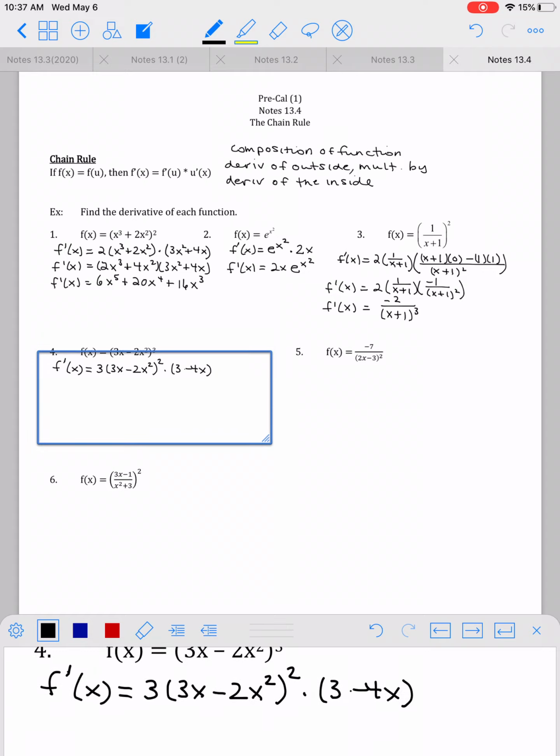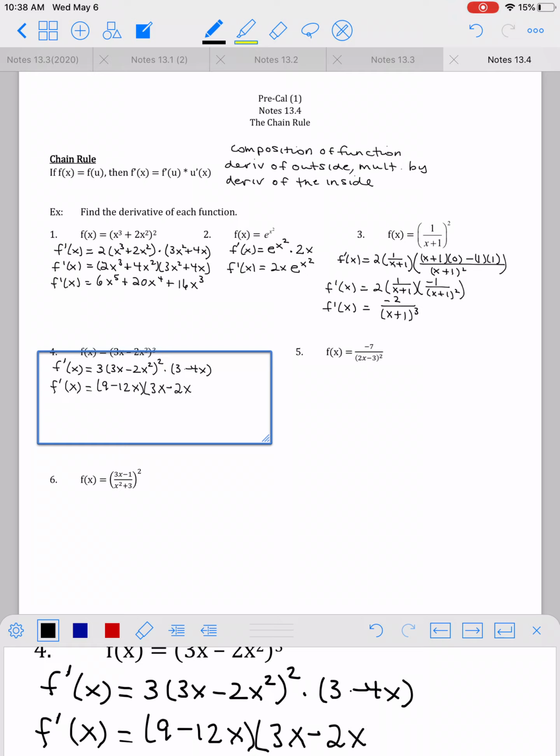And then down here, f prime of x, I'm going to put the 3 through the second factor, which would be 9 minus 12x, and then 3x minus 2x squared, and that quantity is squared.